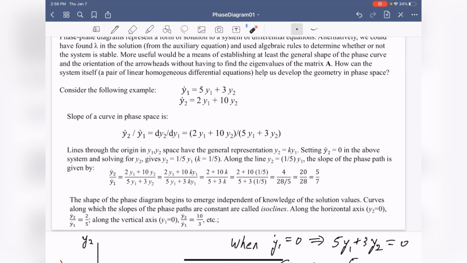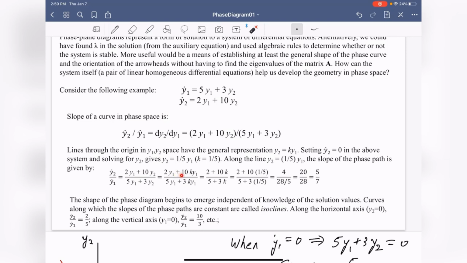This is the slope of the phase path, which we see is equal to dy2 divided by dy1, the derivative of y2 with respect to y1. So we get 2y1 plus 10y2 divided by 5y1 plus 3y2. We're going to substitute in for y2 the value 1/5 y1, and we'll first denote it by k.